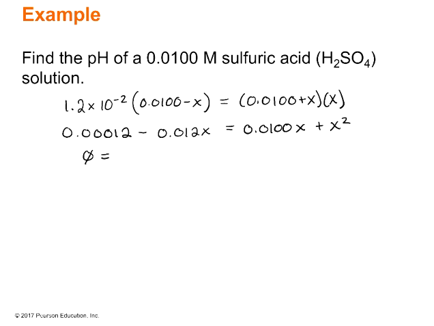So then 0 is equal to x squared, and then we're going to add together those two x factors there, so we get 0.022x, and then we just subtract 0.00012.